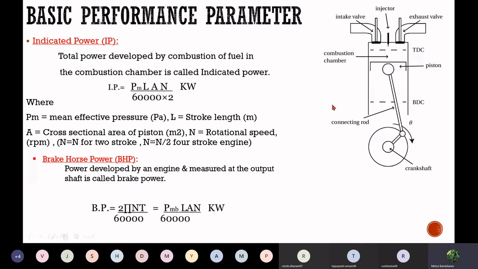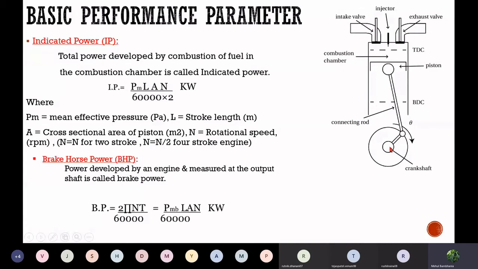Now this is what is ideal: once we decide the stroke length, diameter and then the RPM, definitely that engine will generate this much power. But that power represents the power produced by the engine, and we are not interested in that power.